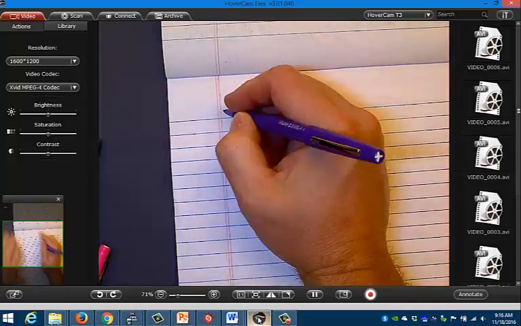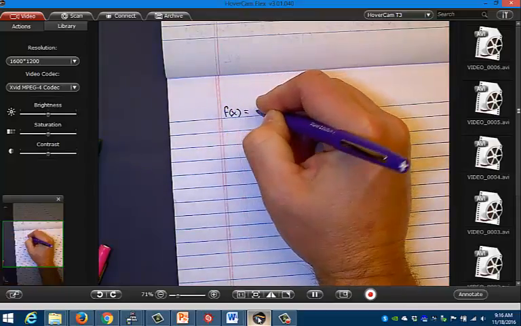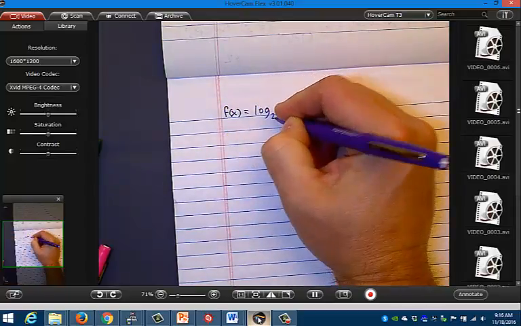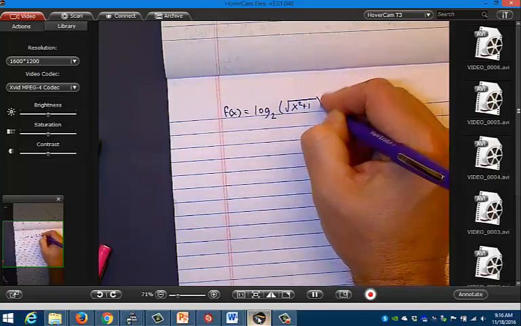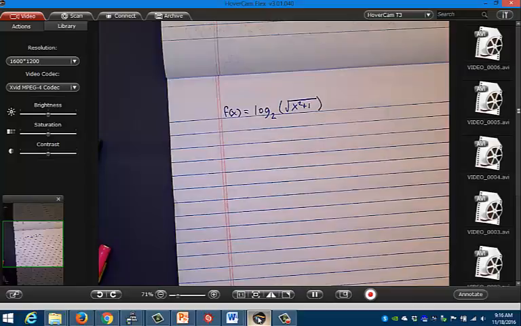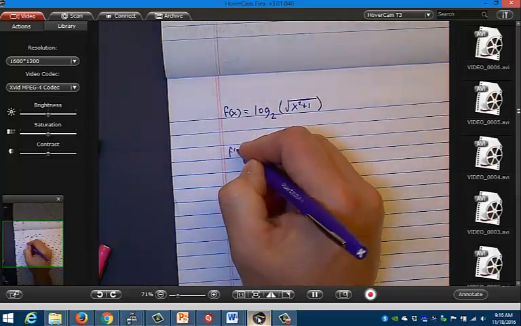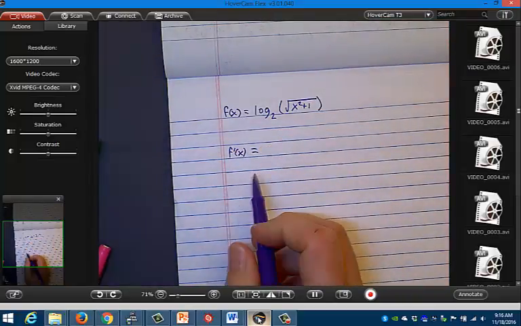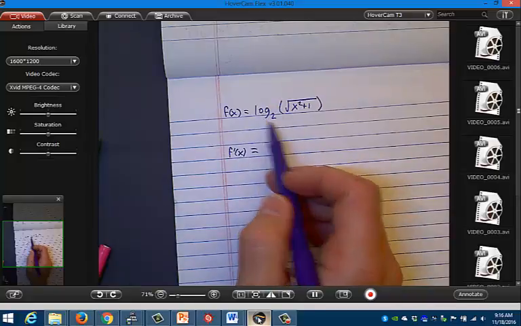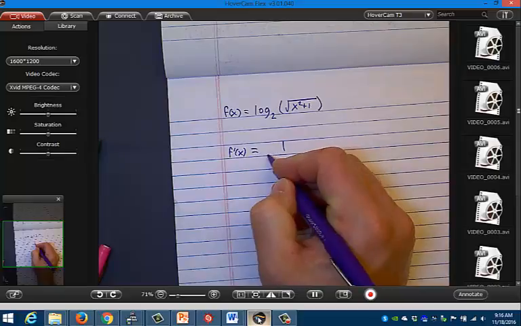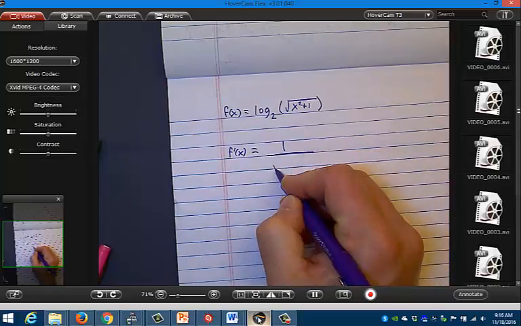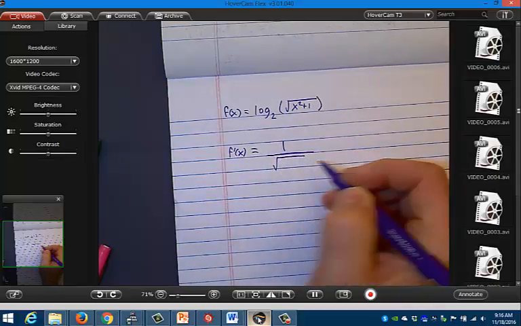F of x is the log base 2 of the square root of x squared plus 1. Is that what it is? Okay. So here I go. F prime of x equals. Now, I remember the derivative of logarithm is 1 over stuff times the fudge factor.